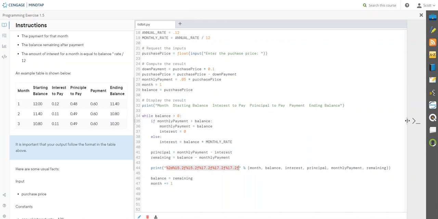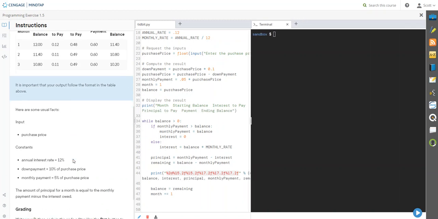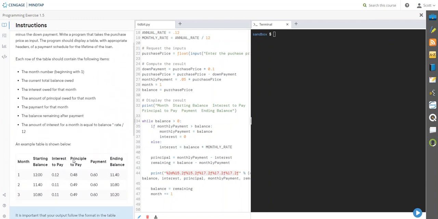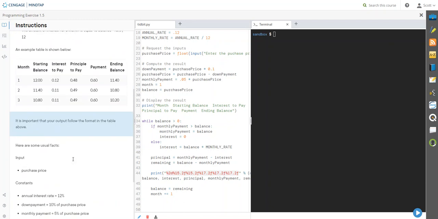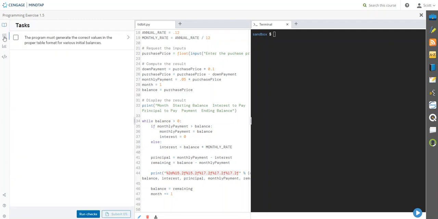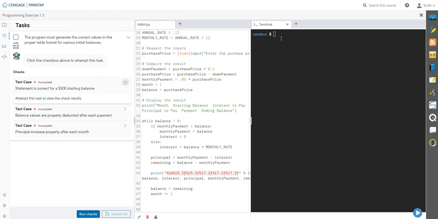So when we go run this, purchase price that they input, they didn't tell us what to do. I'm going to go ahead and switch over and see, let's say, $100 purchase price.